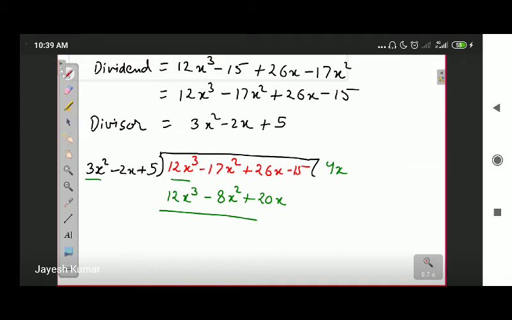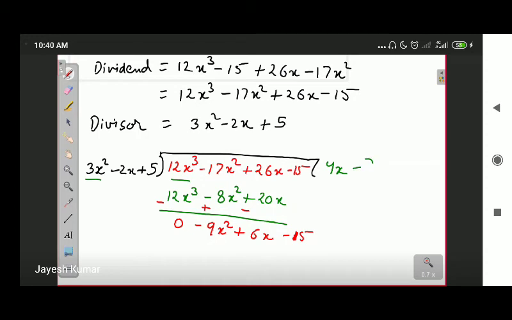You change the sign. So 12x cube minus 12x cube is 0, minus 17x square plus 8x square will be minus 9x square, plus 26x minus 20x will be plus 6x, and lastly minus 15 as it is. Now once again we need to determine what to multiply by 3x square to get minus 9x square. That is minus 3.